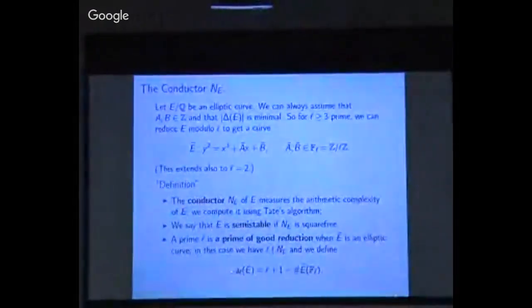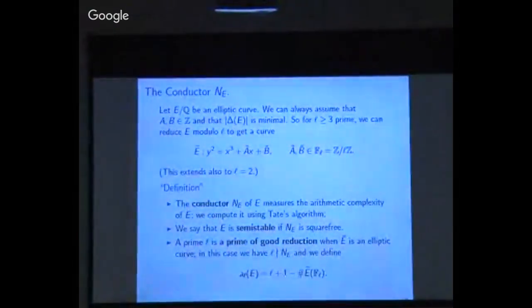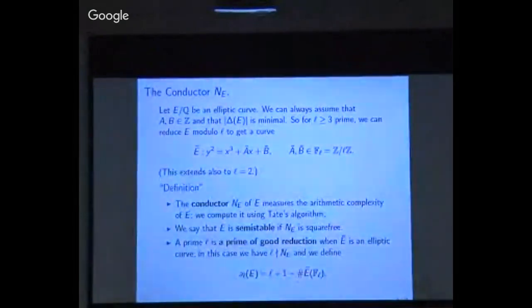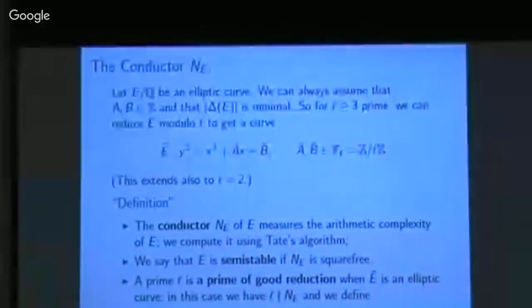We consider the number A_L(E) to be L plus 1 minus the number of points defined over the finite field F_L that satisfy this equation. This is an equation over a finite field, so we can just run through all possibilities, see how many times the equation is satisfied, and that's this number here. So this L is going to play a crucial role everywhere from the next slide until the end, basically.